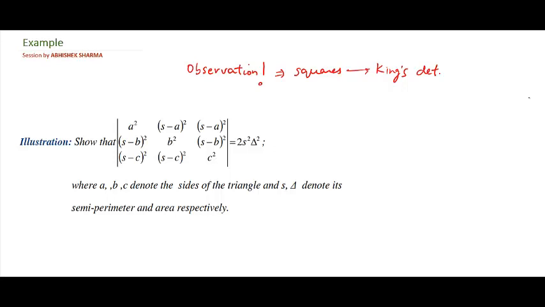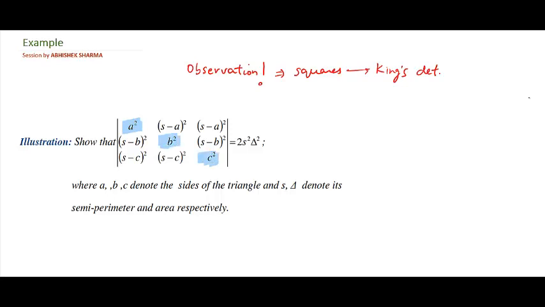So if you observe that this determinant is resembling King's determinant, although I'm not saying that this will necessarily be solved using King's determinant, but that's one of the directions that I can think of. Maybe there are more questions on whole squares where you do not use King's determinant, but here maybe I can think of King's determinant, because what you find is in the King's determinant also these three elements were different.